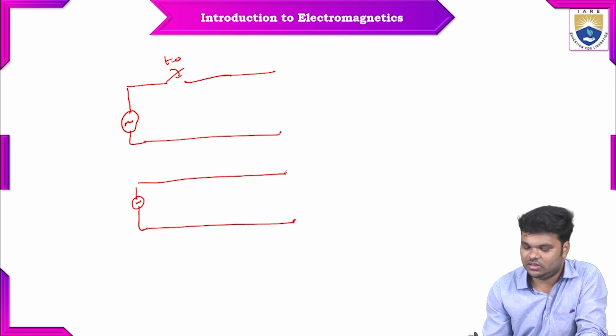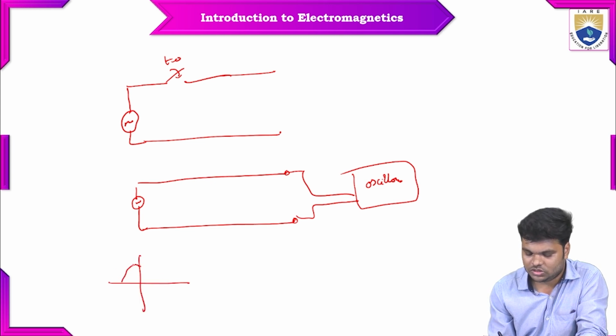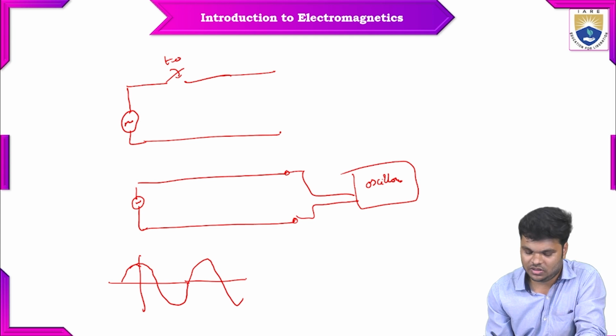But if you connect these two terminals to an oscilloscope, and if we consider that the voltage waveform looks something like this, where at t is equal to 0 we have the maximum value, right?